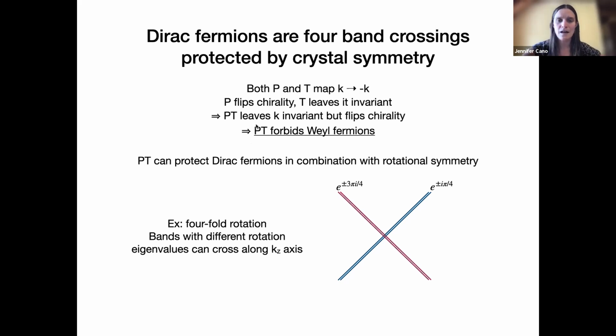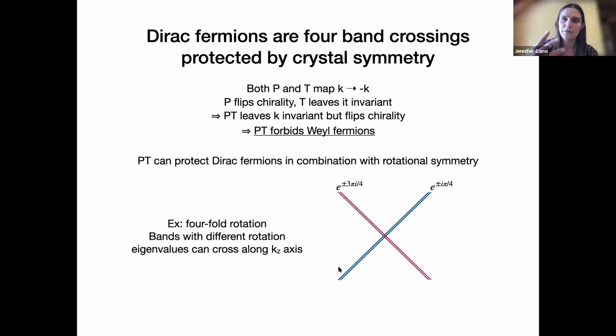Now, it requires not just this PT combination, but also rotation symmetry to protect this. And so, to me, the easiest way to think of this is to do an example. Suppose that we have fourfold rotation symmetry along the z-axis. Then along that axis, bands have fourfold rotation eigenvalues.